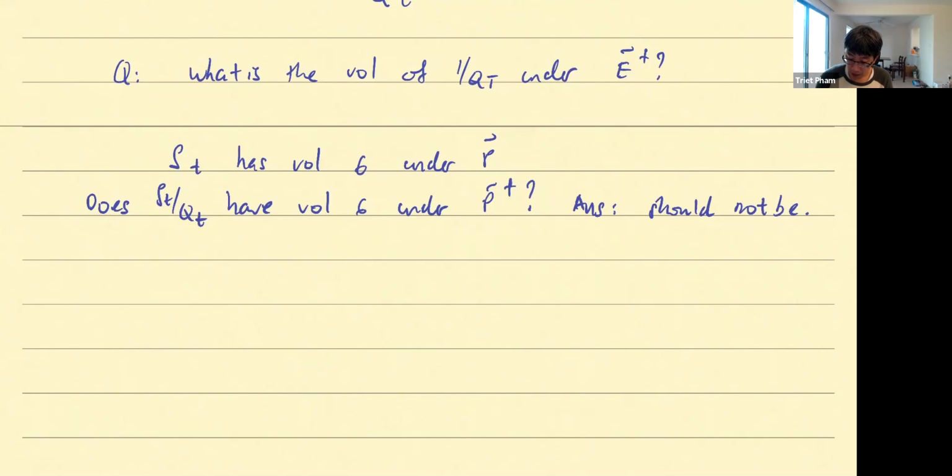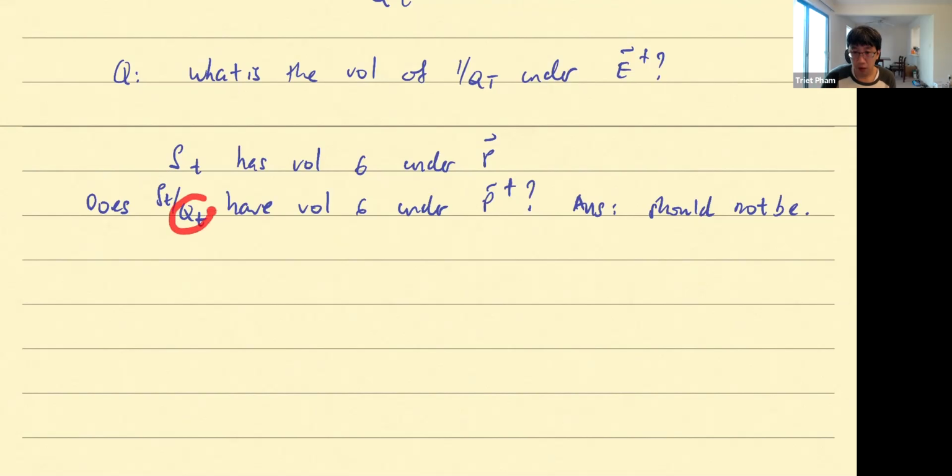Because when you do conversion like this, two things enter. The stock itself has some volatility. By the way, volatility is basically the rate of the variance of the returns, so it measures how much the stock fluctuates.